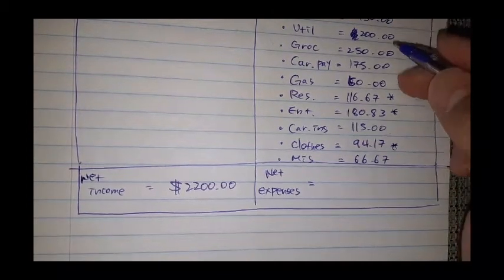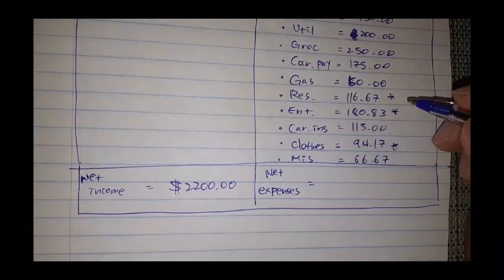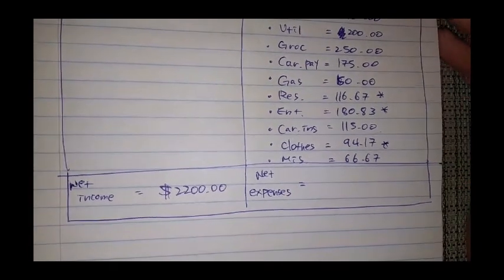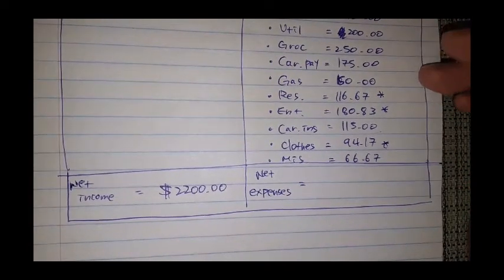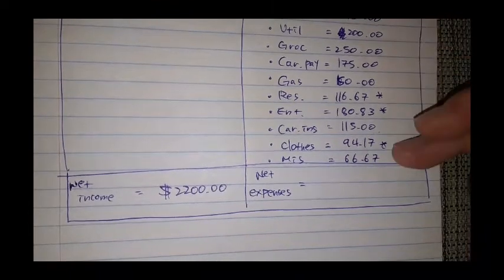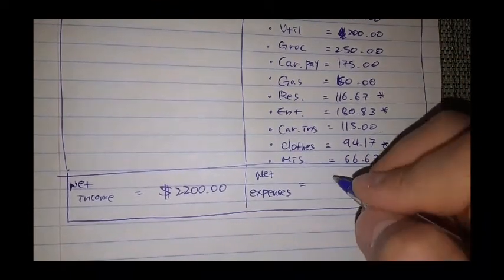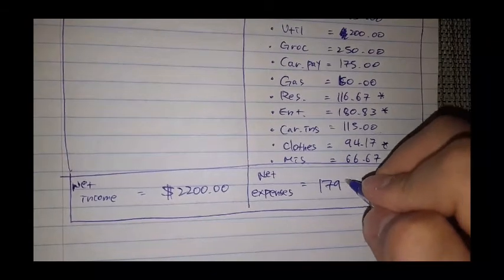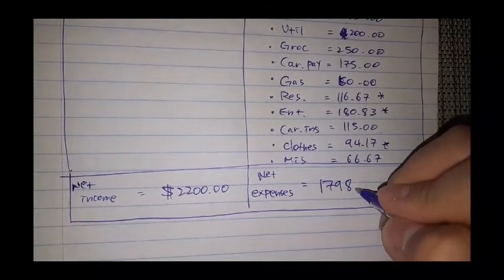So you know what? Just for the heads up, you don't want to underestimate. If you want to be precise, you can just follow the whole thing like the way that we did. Then we have 1,798.34.